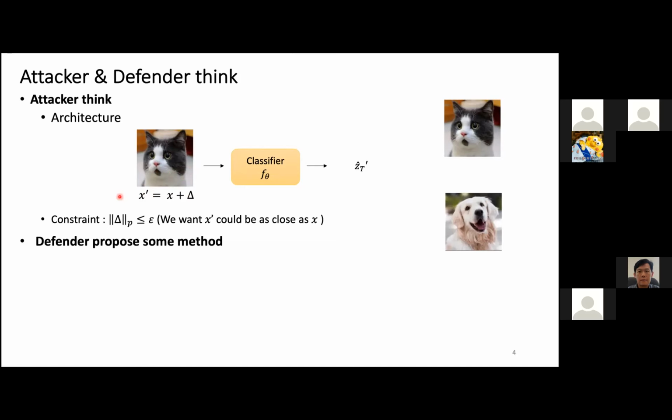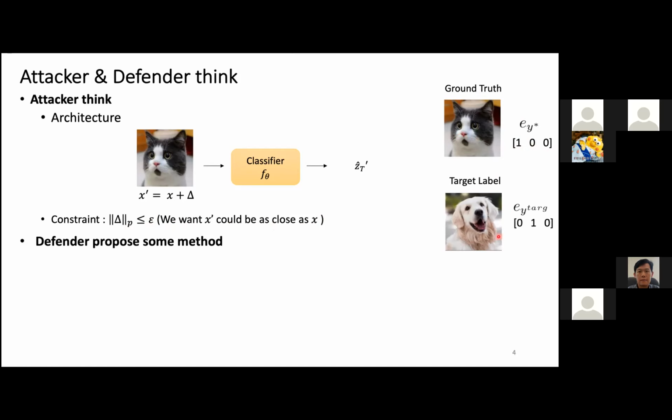And here we have to notice the constraint. We always use the p-norm metric to measure the size of the delta. And we also set the epsilon as small as possible, because we want X prime to be as close to X. So if we know the ground truth is this cat, we denote it as e_y star, a one-hot vector.